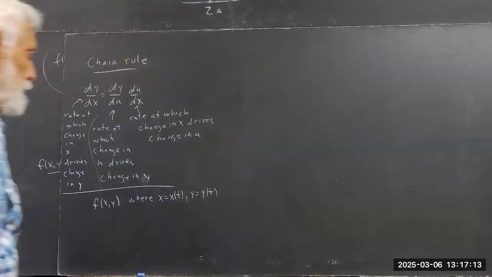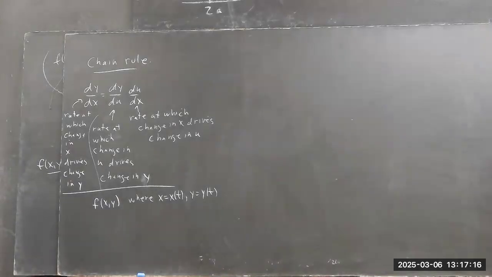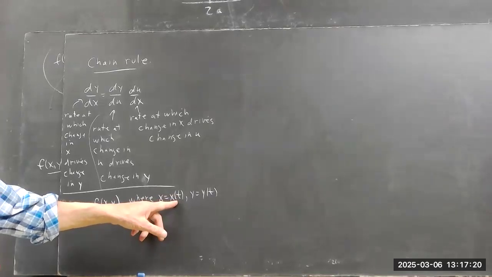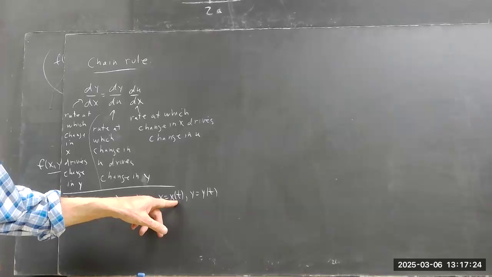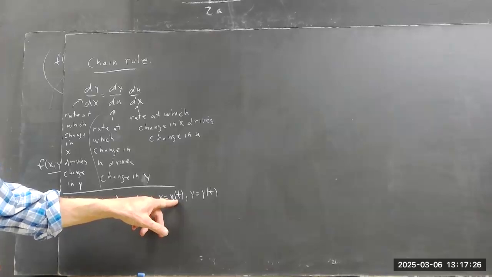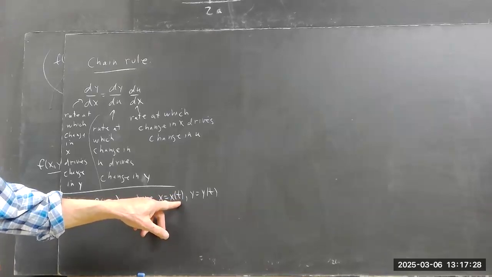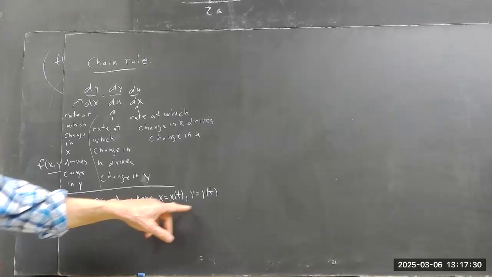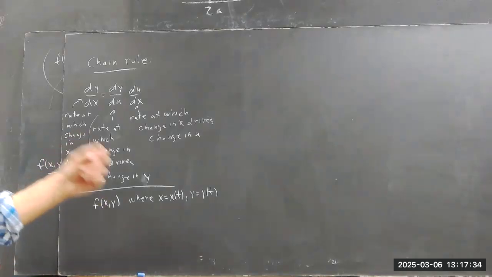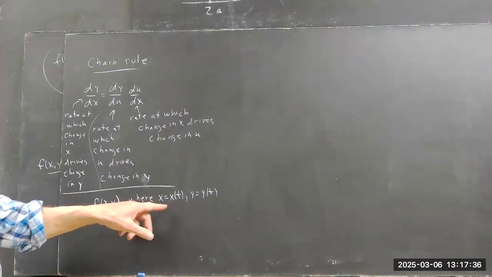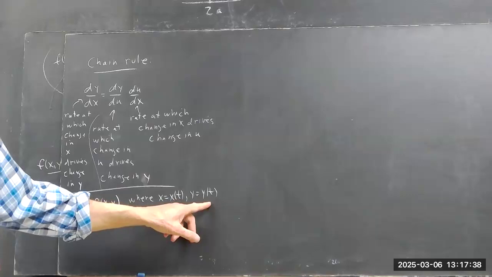X is a function of t and y is a function of t. What happens if t changes by 1 unit? Well, maybe we're given t, then x changes by 2 units and y changes by 3 units. In other words, the derivative of x with respect to t is 2, and the derivative of y with respect to t is 3.